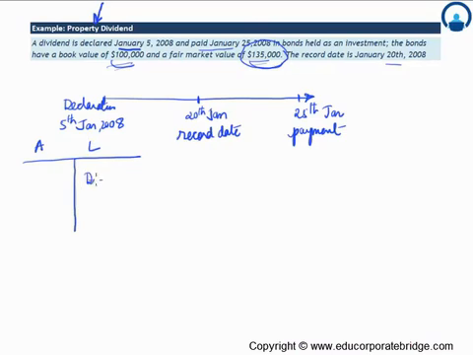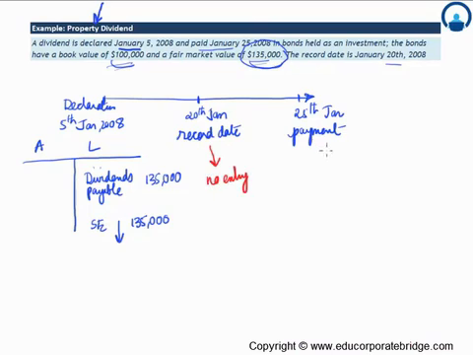There would be an item called dividends payable, because this is not yet paid, just declared. So here it will be 135,000, and like we saw in the cash dividend, shareholders equity will drop by 135,000. This will happen on the date of declaration. Now on the record date, there will be no entry.